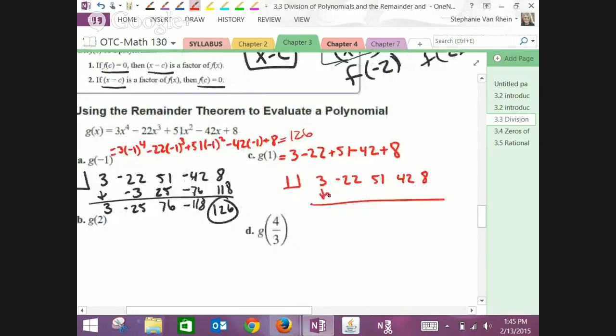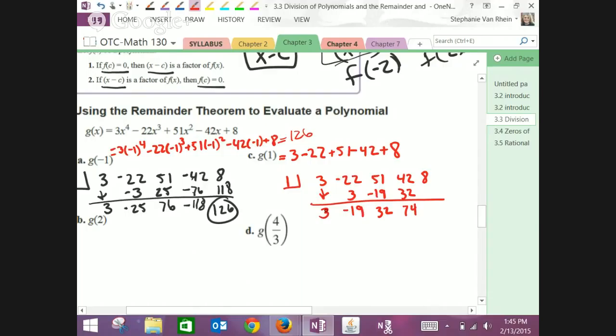All right. This would be 3, then minus 19. What would that be? 51 minus 19. Positive 32. 32 plus 42 is 74.